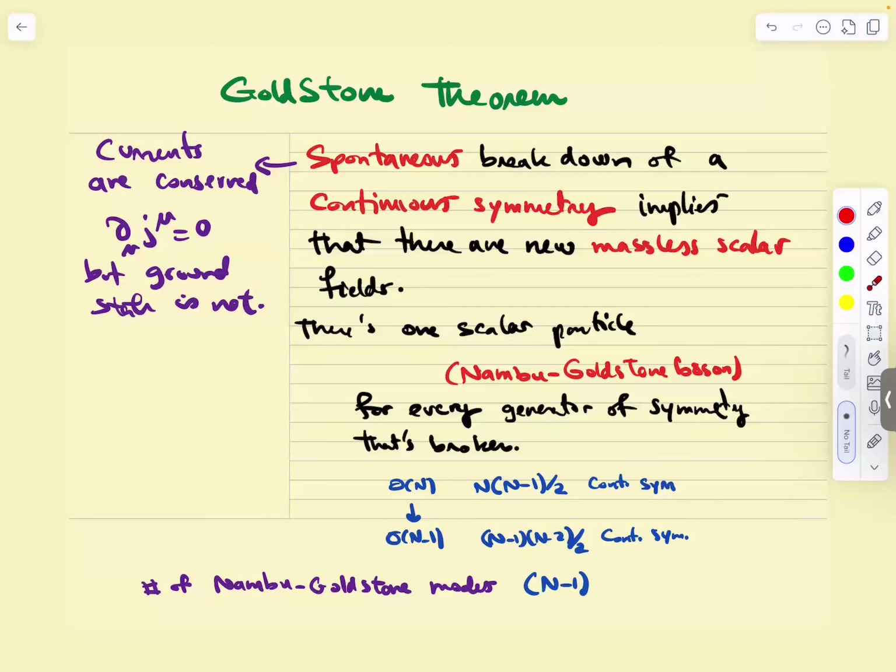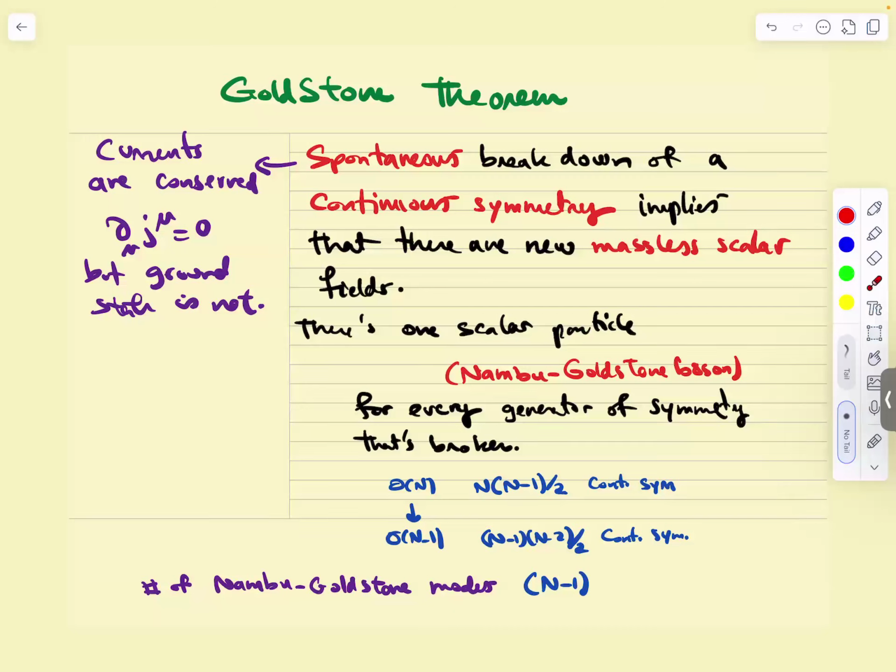So Goldstone theorem tells you that for every generator of a symmetry, these are Lie groups, for every generator that you break, you obtain one massless mode that's called a Nambu-Goldstone boson. It must be a bosonic mode, with bosonic statistics. Well, we're not talking quantum mechanics yet, but we'll see.